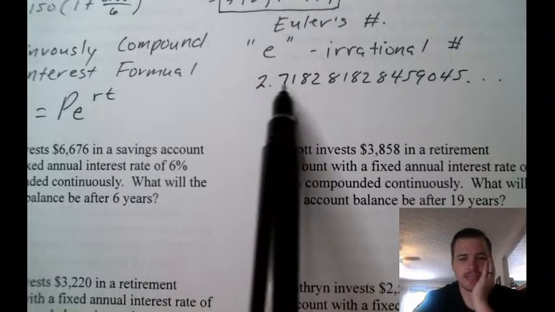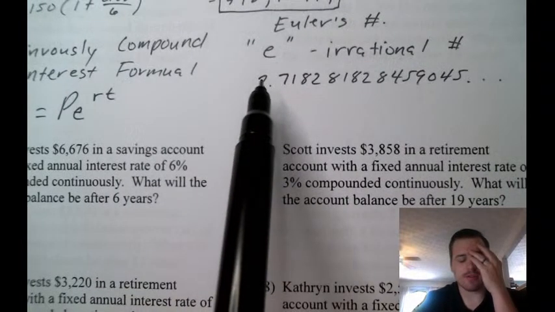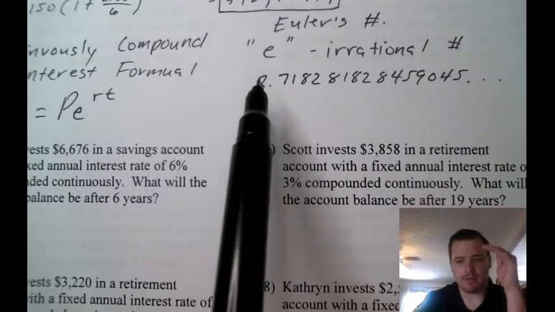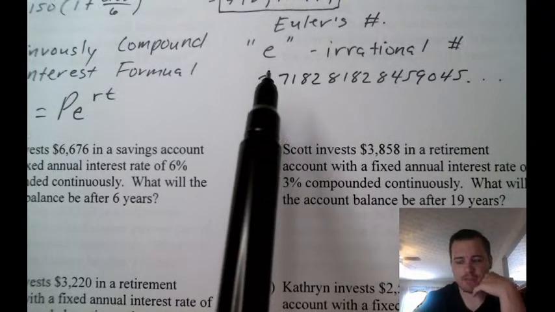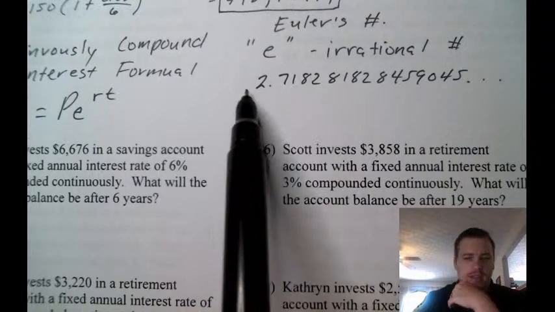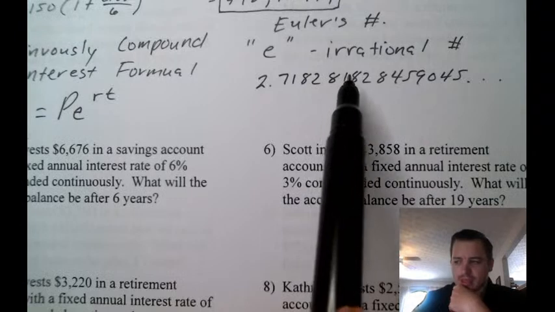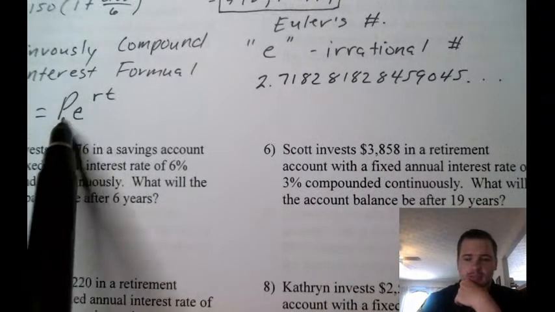So if you had $1 and doubled it every day, every hour, every minute or every second, the maximum you would make from that dollar is this E, 2.718. So E is what we use for the continuously compounded interest formula.